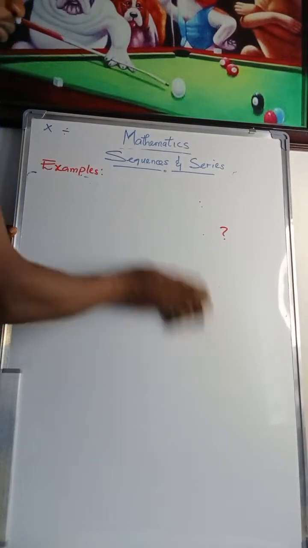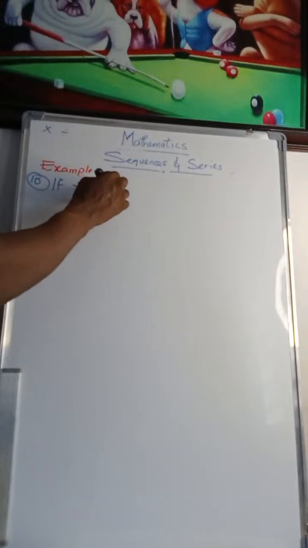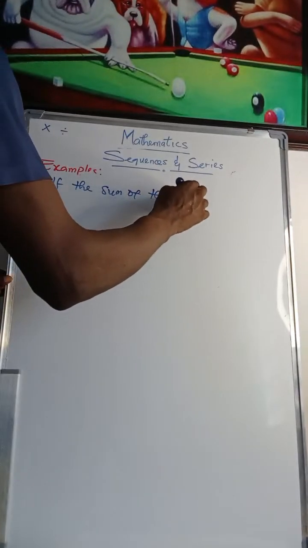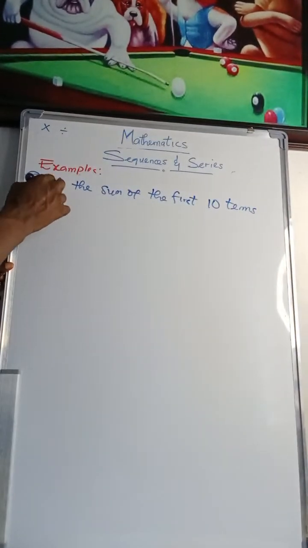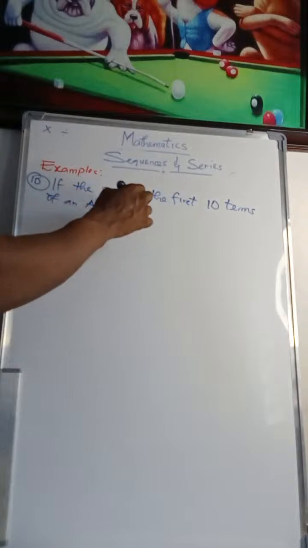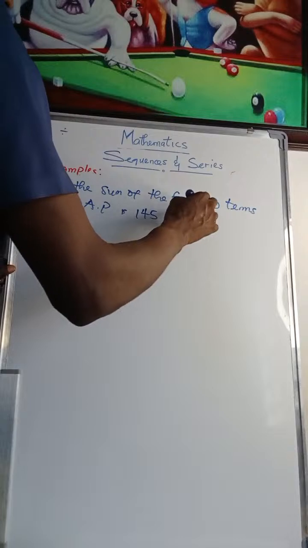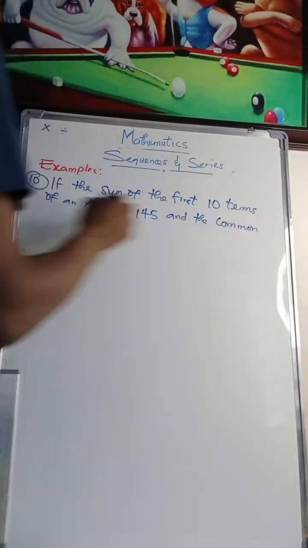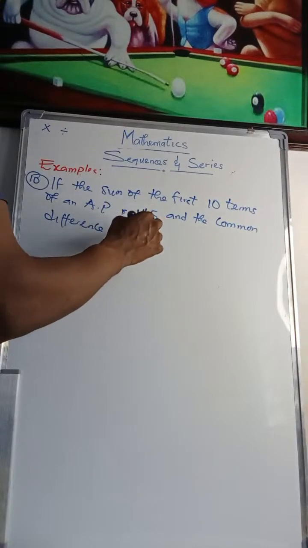Number 10: If the sum of the first 10 terms of an AP is 145, and the common difference is 3, find the first term.